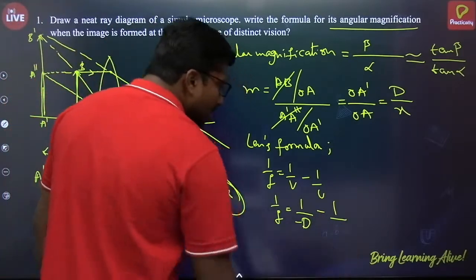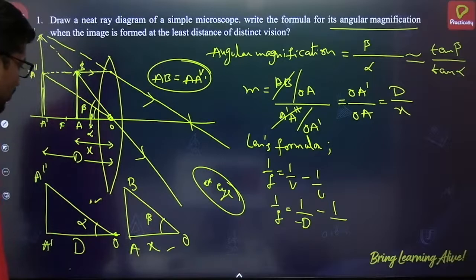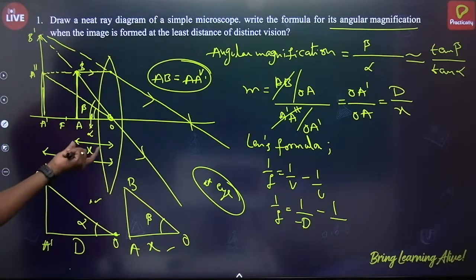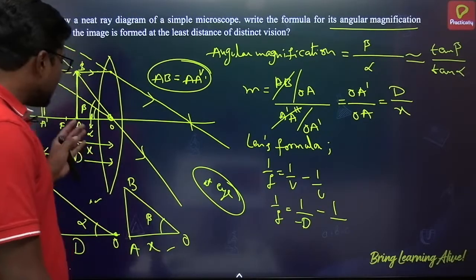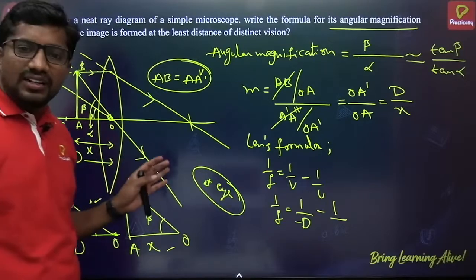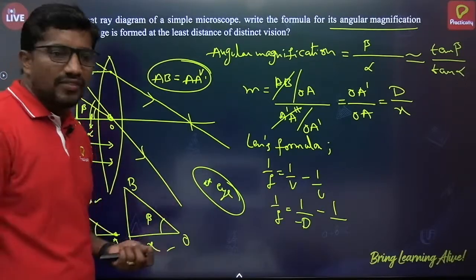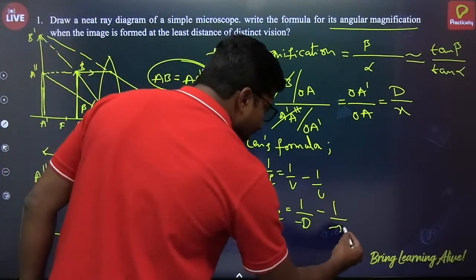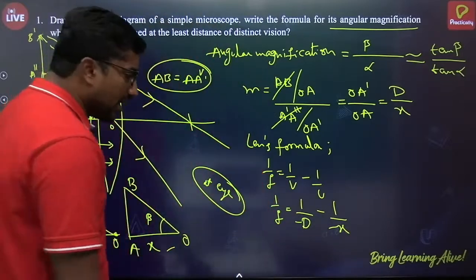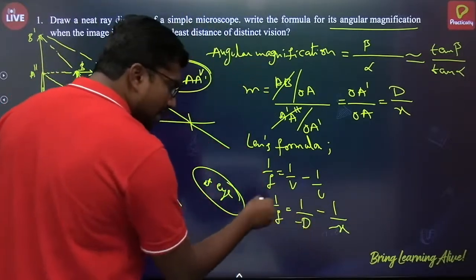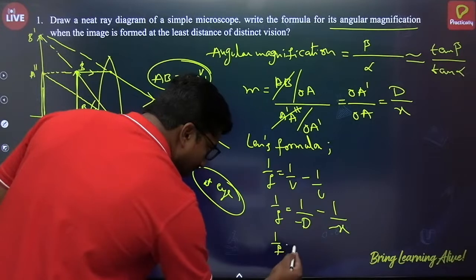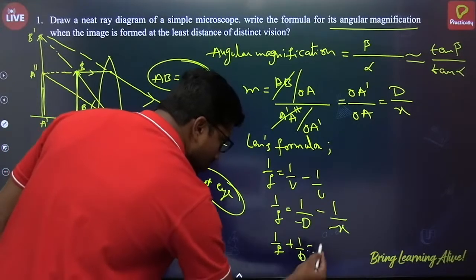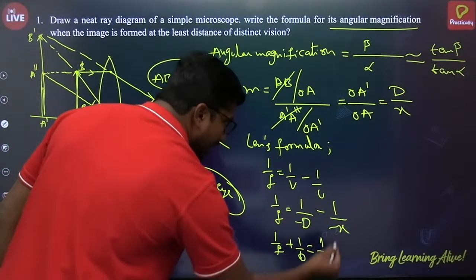Minus 1 by u represents the object distance. Here OA is the object distance, which is nothing but x, that is also to the left of the optic center. By the new Cartesian sign convention, that is also minus x. Alright, so this minus 1 by D I bring to this side. 1 by f plus 1 by D is equal to minus of minus, it will become 1 by x.